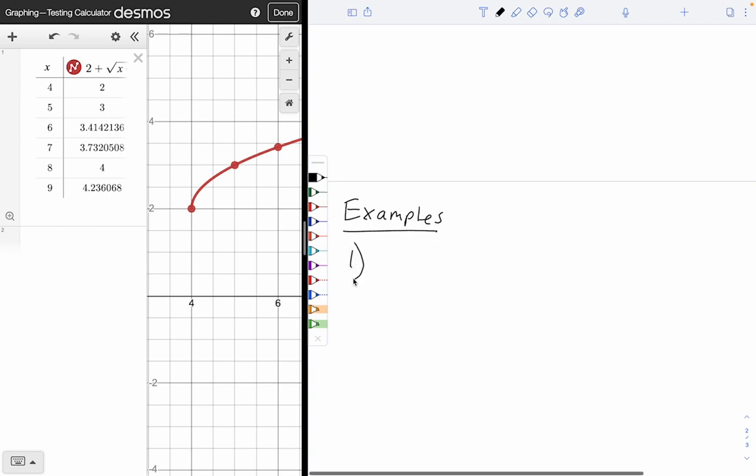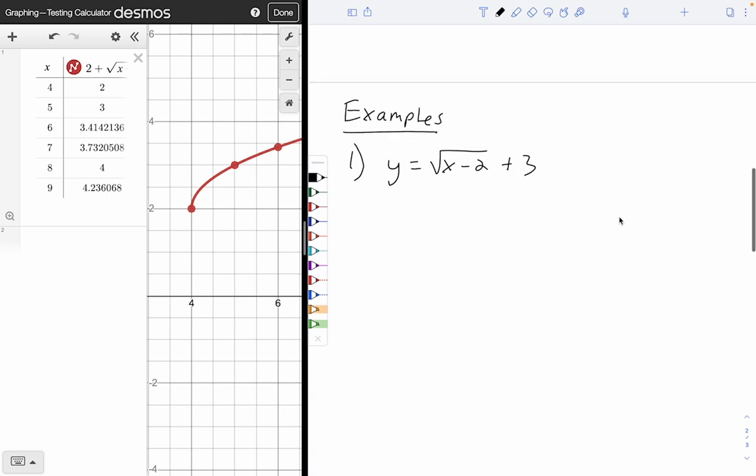So example 1. Let's say I gave you the equation y equals square root x minus 2 plus 3.